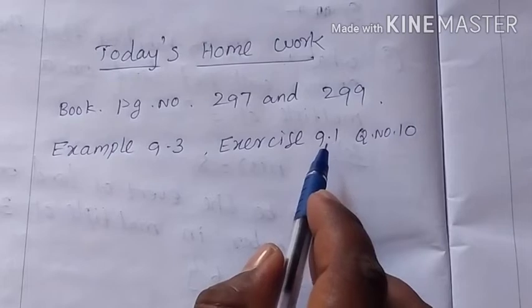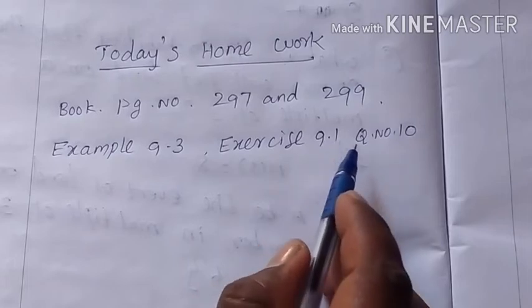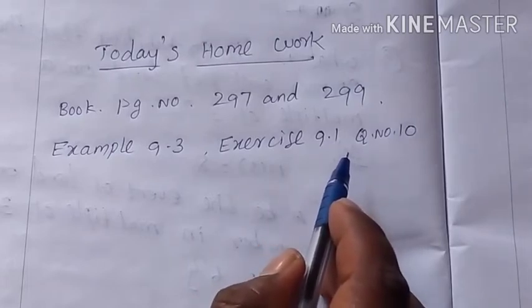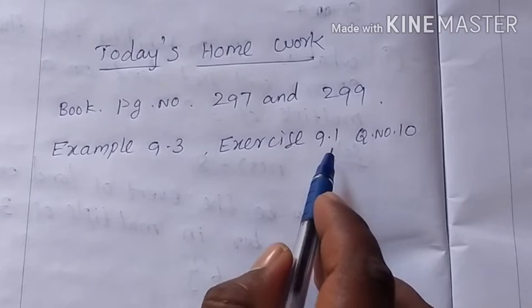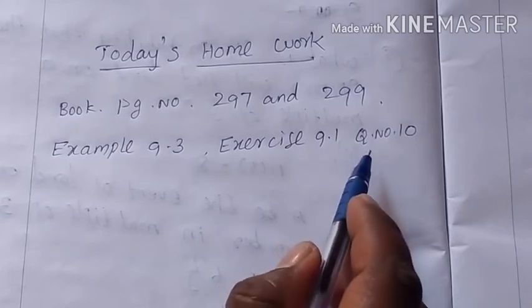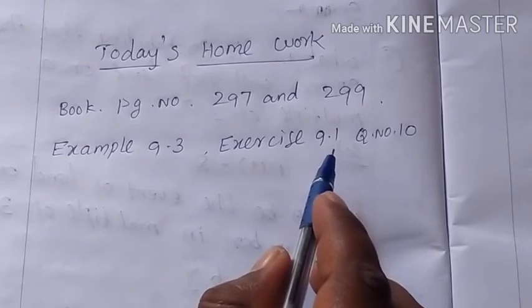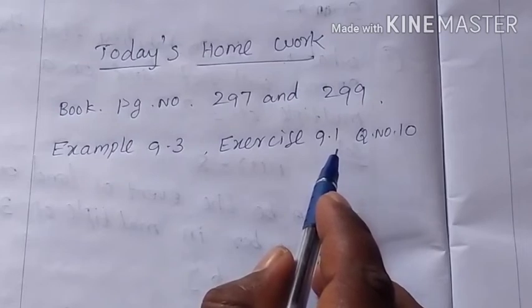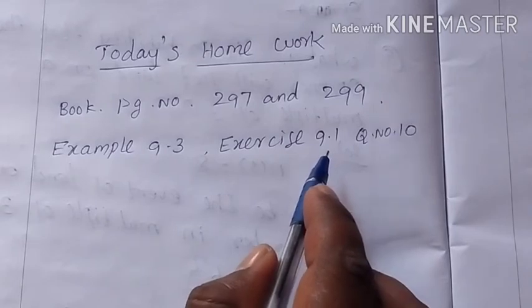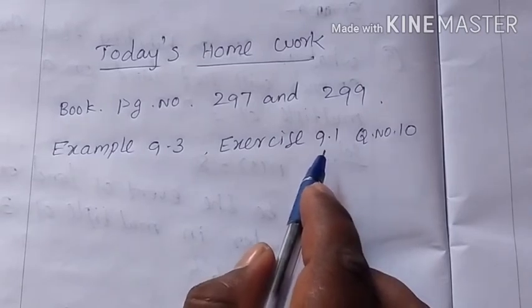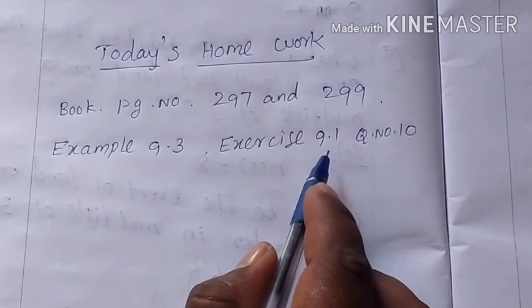Okay, so consider the 9th question spinner, frame any 2 questions, and also calculate the probability. For example, what is the probability that the spinner will land on a multiple of 2 or will not land on a multiple of 2? Following the same manner as the 9th question, form any 2 questions.